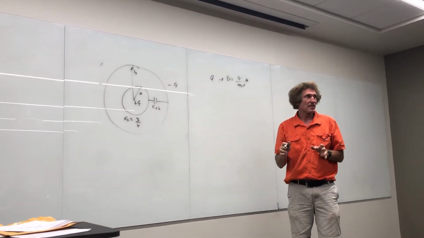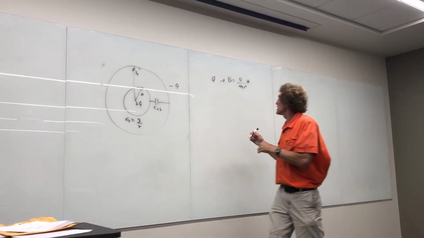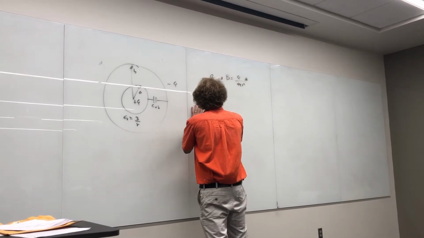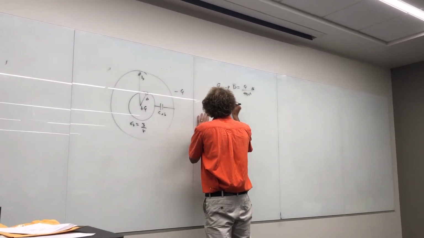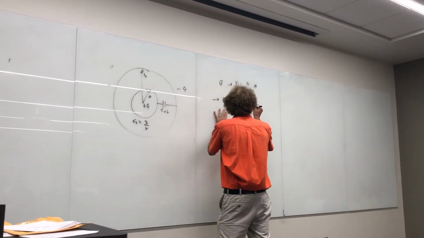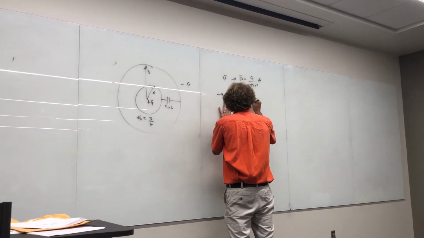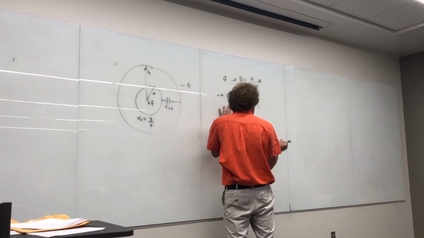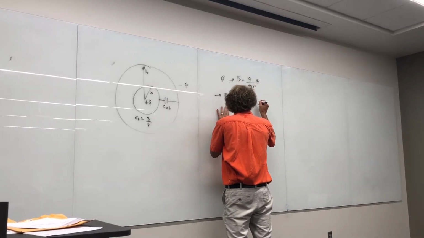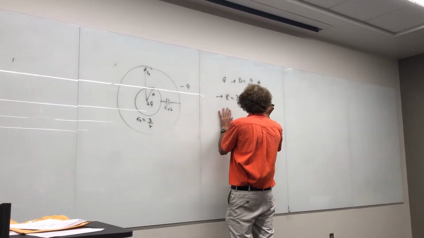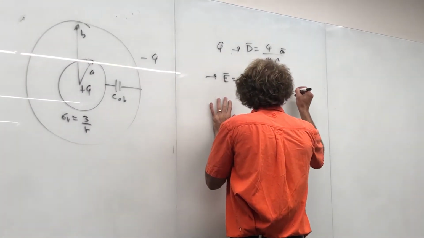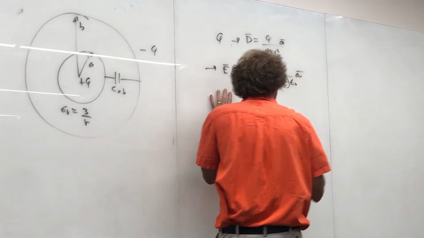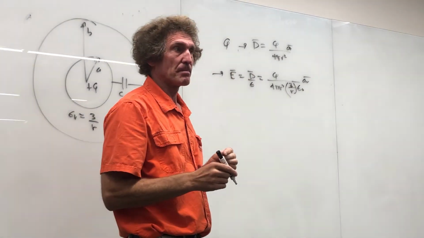Everybody agree with that? Now once I have D, I get E. So E equals D over epsilon, which is Q over 4 pi R squared, and epsilon is epsilon relative, 3 over R, times epsilon naught, AR. Agreed, everyone, right?